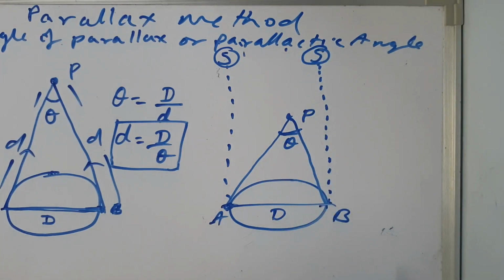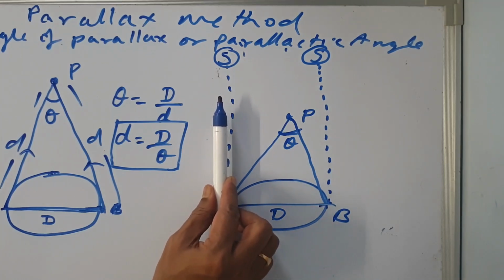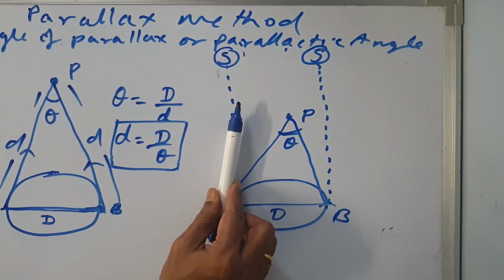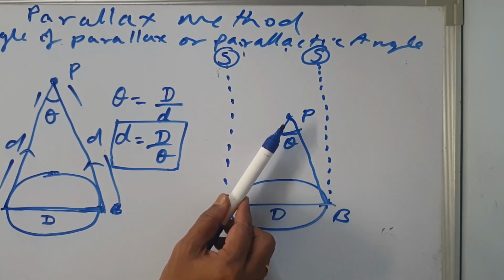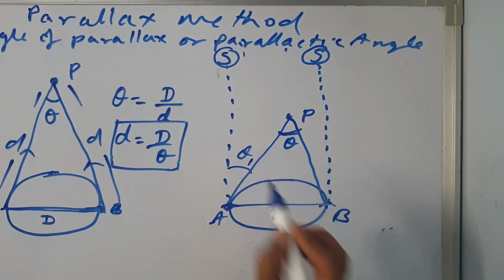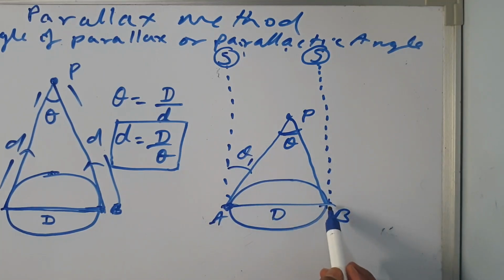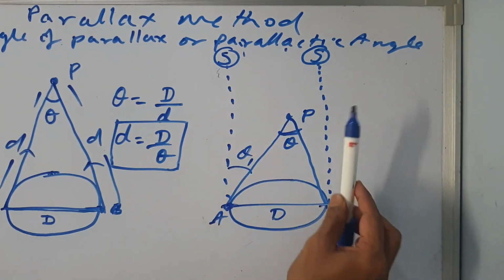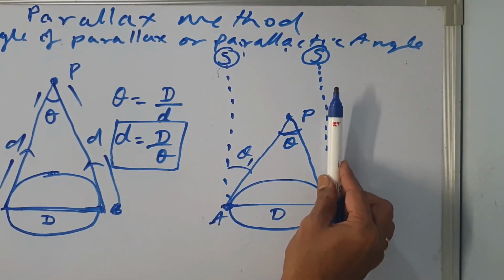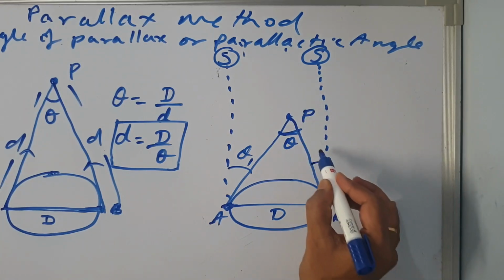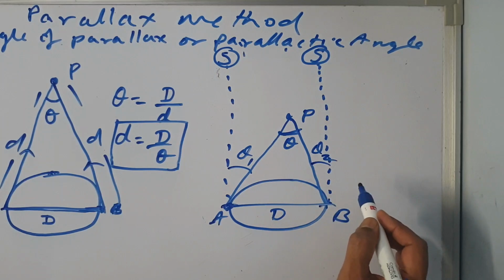The parallactic angle is 0. Now, viewing the star from A, first notice it, then rotate the telescope till you see this planet. In which direction do you have to rotate? Towards right. Let us rotate through angle theta 1. Similarly, from B, you are observing the same star. You have to rotate the telescope towards left till you see the planet. Let us say you have rotated through an angle theta 2.